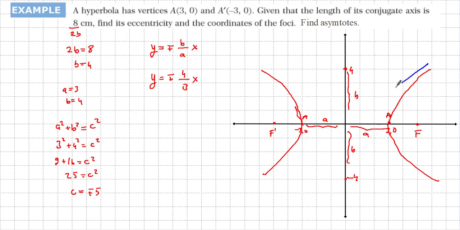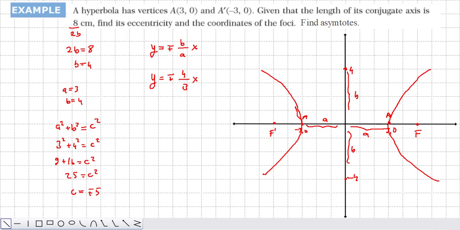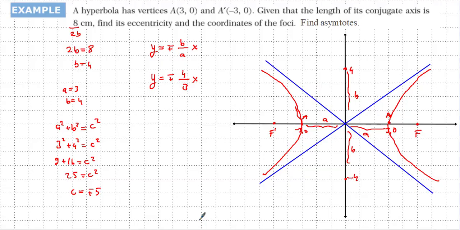Approximately it's going to be something like this here, and it's going to pass through here and here, approximately something like this. Okay.